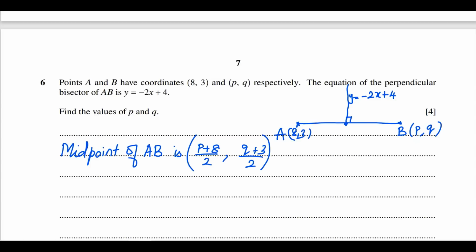Okay. So next we will find out the gradient of AB and the gradient of the line which is perpendicular to AB.